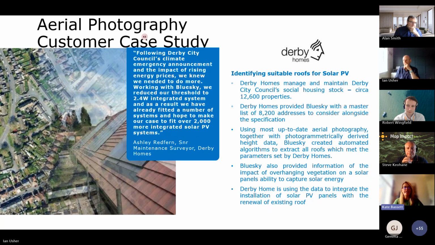The project assessed more than 8,000 addresses to consider size, pitch, aspect, existing furniture and any infringing vegetation. Using its high-resolution imagery, Blue Sky was able to determine the suitability of each property, measure the number of solar panels the address could accommodate and calculate potential outputs so Derby Homes could install solar PVs on an initial batch of trial properties.